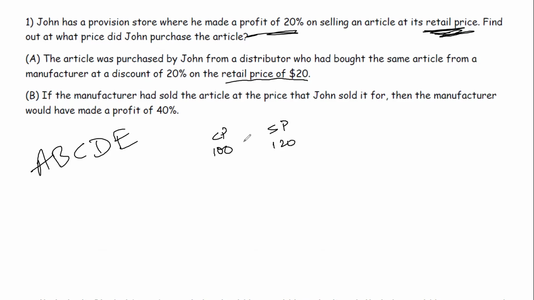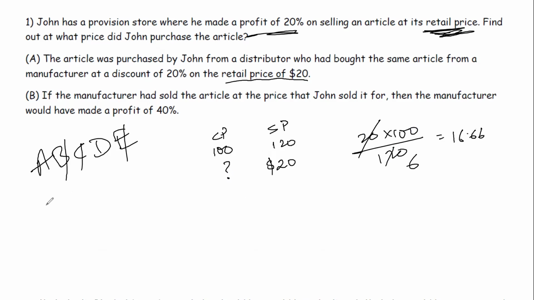Hence, we come to know the selling price is $20. So if the selling price is $20, then we can find his cost price. It is 20 into 100 by 120, which is 16.666. So A answers, B, C, E is out. It's either A or D.